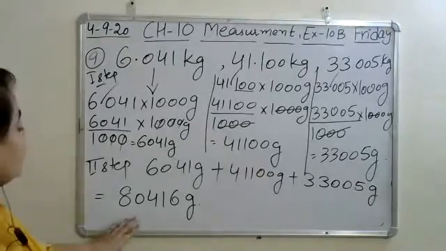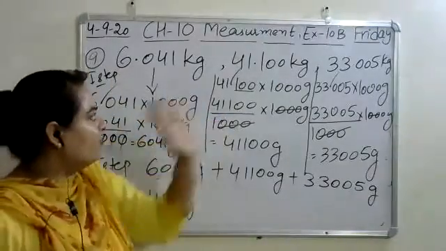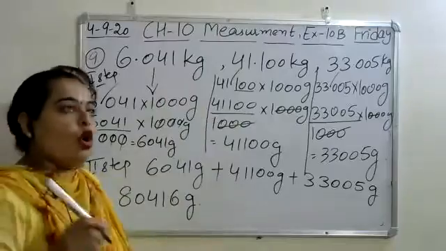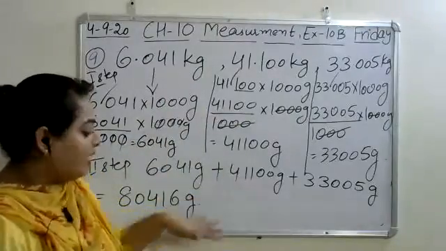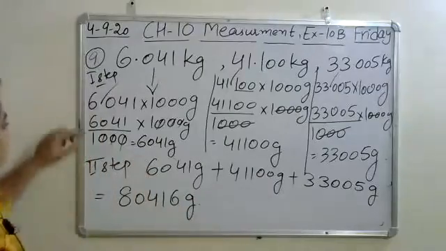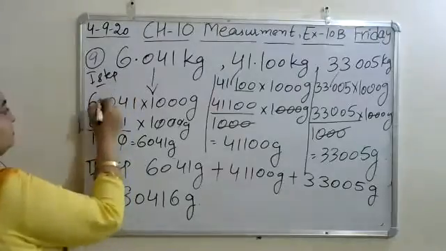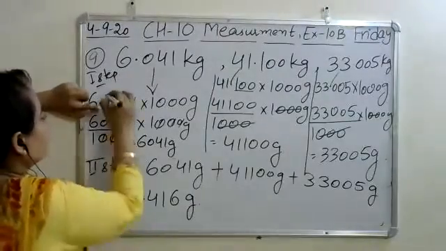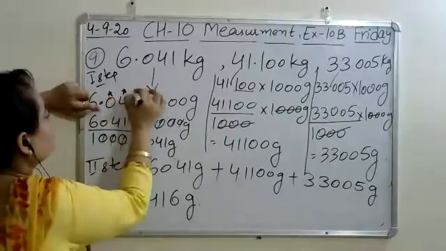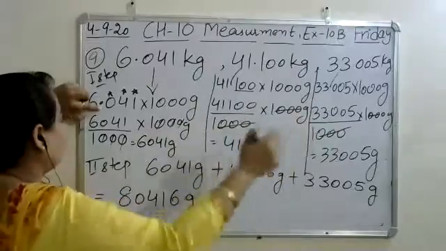So this is the way to solve the sum. First of all, kilogram is given. You will convert all the kilograms to gram. After conversion, you will add all the parts. And here, why 3 zeros in the denominator? This is decimal. After the decimal, we have 1, 2, 3. 3 digits. After the decimal, check on the right hand side always.